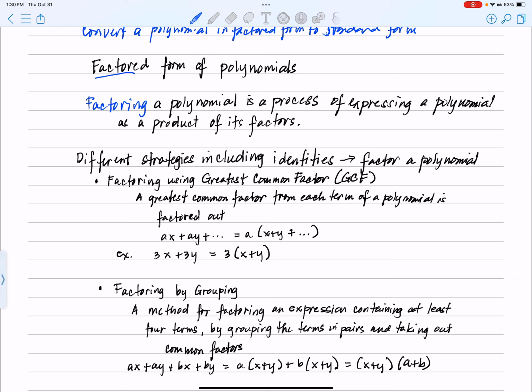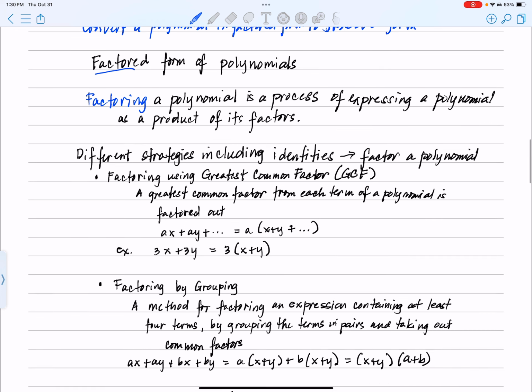Factoring a polynomial is a process of expressing a polynomial as a product of its factors. So, in other words, it is the inverse process of multiplying polynomials.